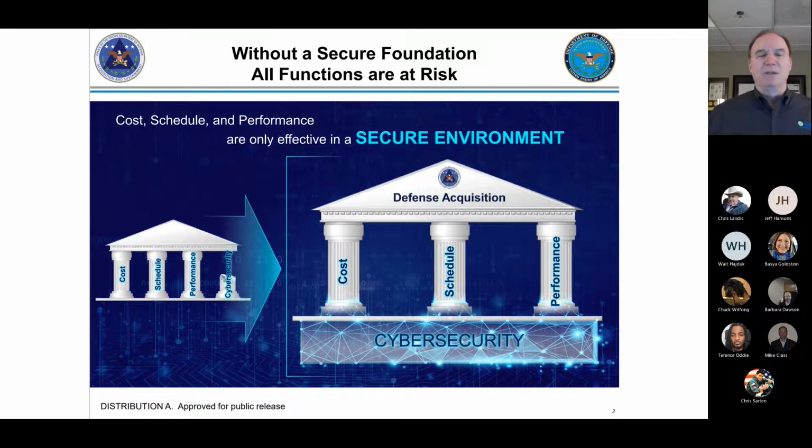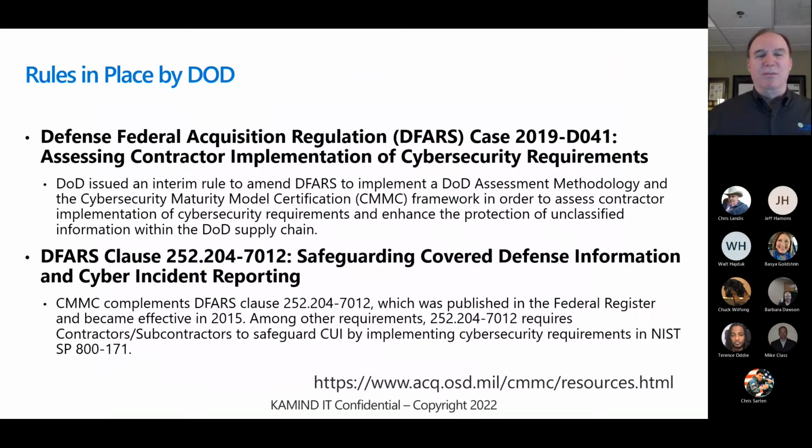Now let's go back and look at some of the real rules in play and what's really happened. They start off with the DFARS 2019-D041 amendment, the implementation of the assessment methodology for cybersecurity. This defined the original CMMC 1.0.